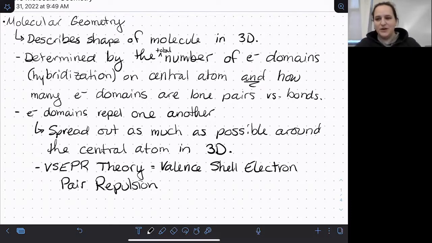Taken as one big long phrase it sounds a little bit intimidating, but if we break it down, electron pair repulsion is what we were just talking about: our different electron domains all contain electrons, and electrons are all negatively charged, so they're going to be repelling one another.